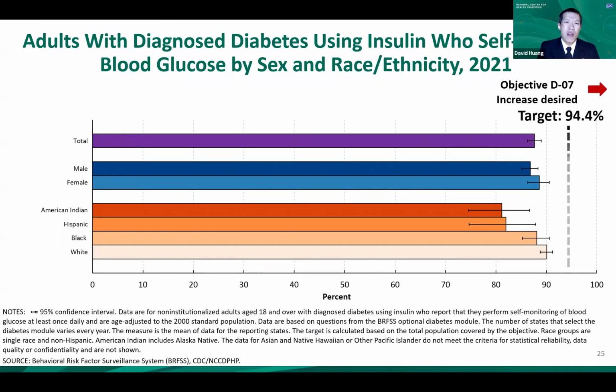This slide shows self-monitoring of blood glucose at least once daily among adults with diagnosed diabetes using insulin by sex and race and ethnicity in 2021. Differences by sex were not statistically significant. Among racial ethnic groups, white adults had the highest rate, 90.1%, and American Indian or Alaska Native adults had the lowest rate, 81.1%. Next slide.